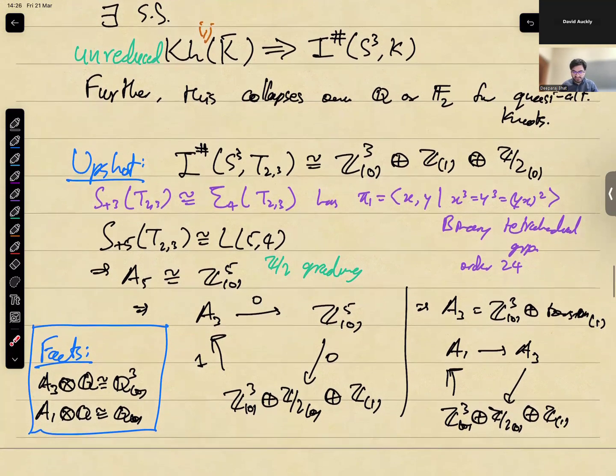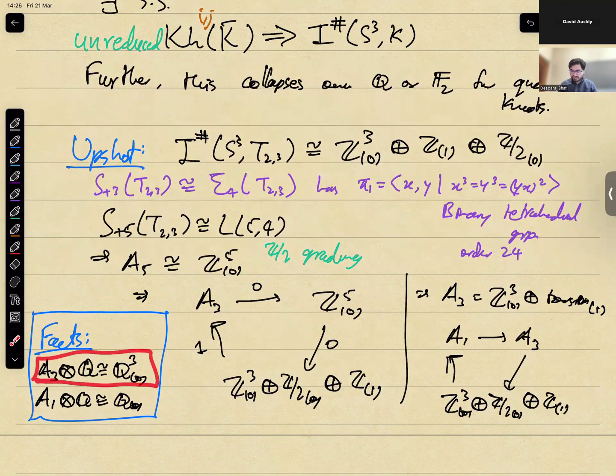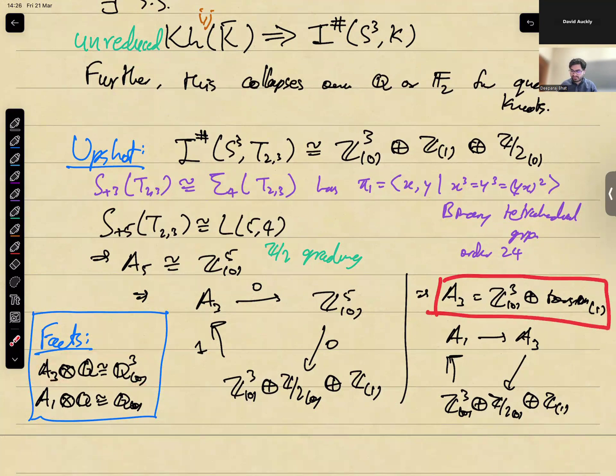And then you plug this into the triangle. You have your grading shifts with respect to the Z mod 2 grading. And from here, with this information, you're able to conclude that it looks like something like this, and then there is some torsion in the odd piece.